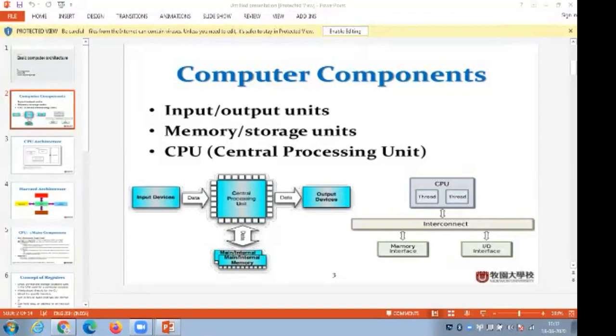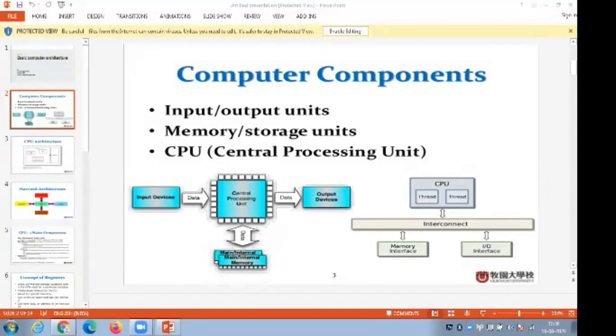Now the main two units I have to explain are the CPU and memory. So today I'm going to explain the CPU architecture and the memory architecture.